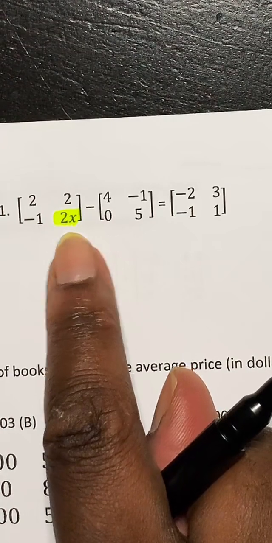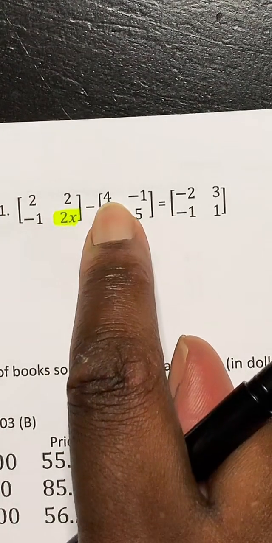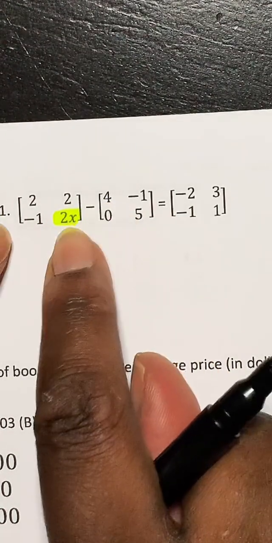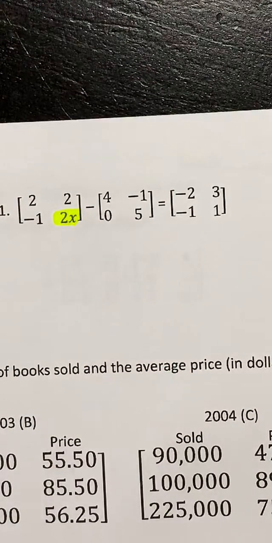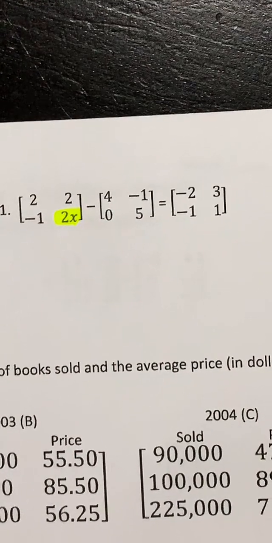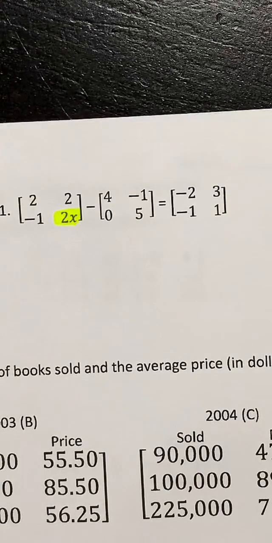Okay. Now the 4 is in the first row. We want to get things in the second row. So let me try this, because I know how it can be overwhelming. One moment.